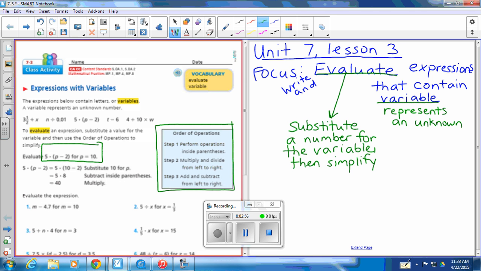So we're going to look at this example right here. We're going to evaluate 5 times the quantity of p minus 2. And they're telling us that p in this case is going to equal 10. Okay, so I'm going to come over here in my workspace. I'm going to rewrite my expression.